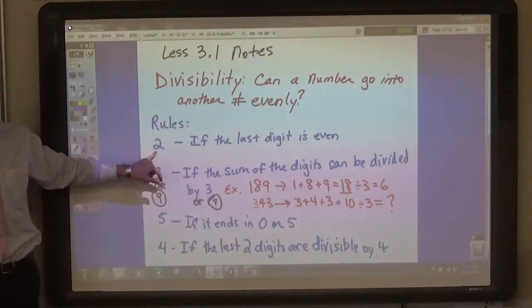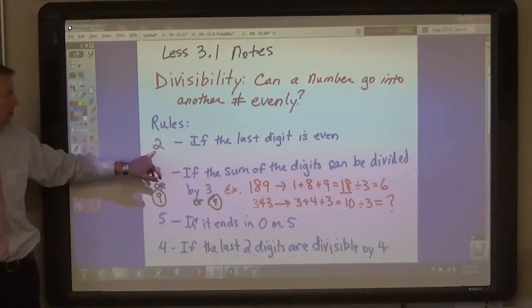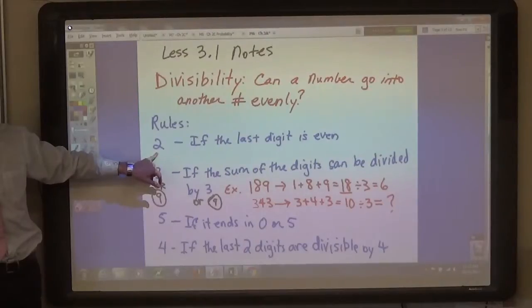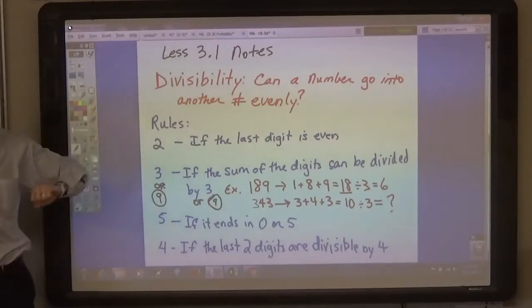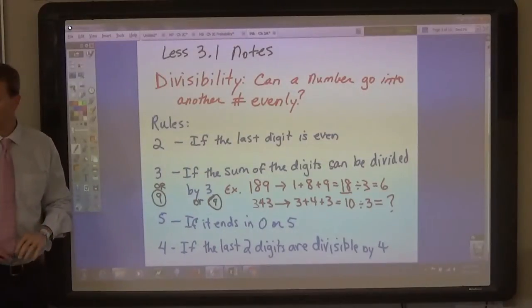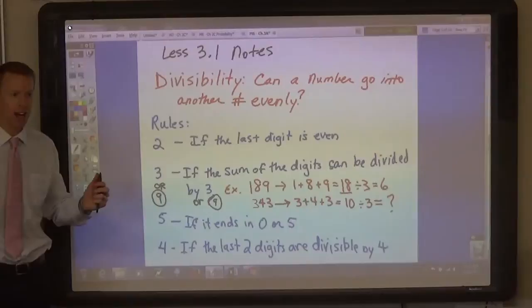You started learning about the rule for 2 already in 2nd grade, when you were counting by, or identifying even numbers. You know that all even numbers are divisible by 2.